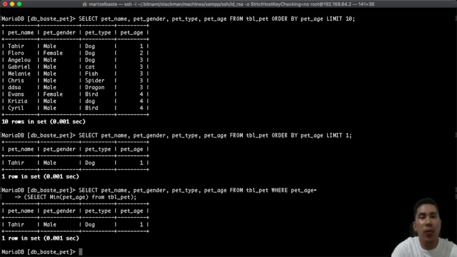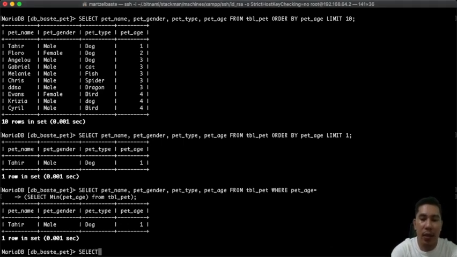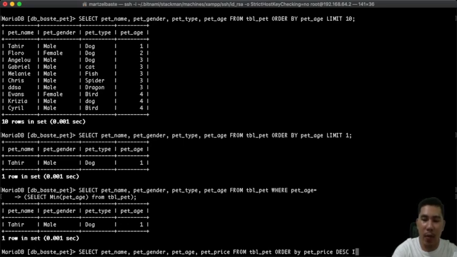So let's say we want to know the highest, the most expensive value of our pet. Of course we can do this by select pet name, pet gender, then pet age, and then pet price from TBL pet order by pet price descending, and then limit by 1.